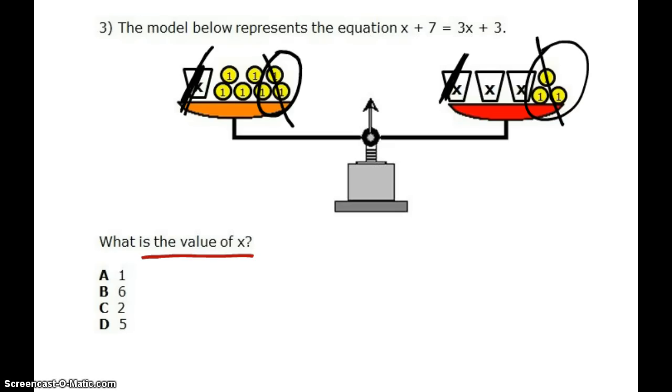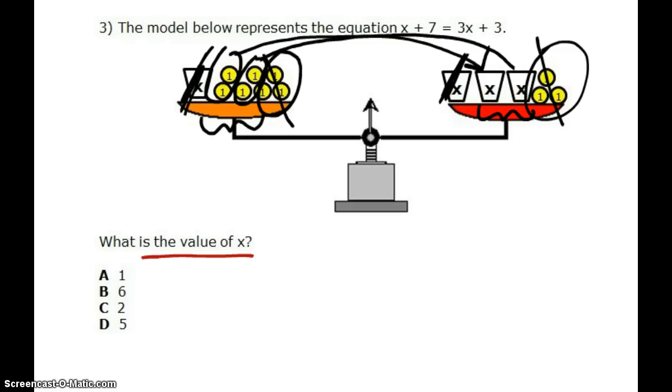So, I am left with 2 x's having the same weight as 4 positives. So, if I take those 2 positives, I can say, well, 1x must be equivalent to, or have the weight of 2 positives, and then the other x has the weight of 2 positives. So, each x weighs 2 positives.